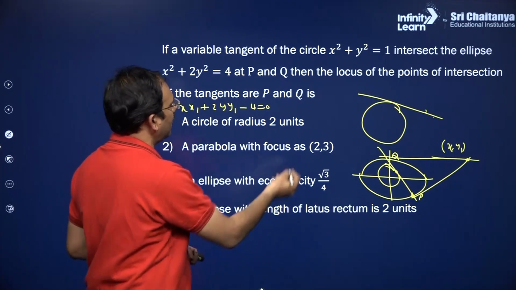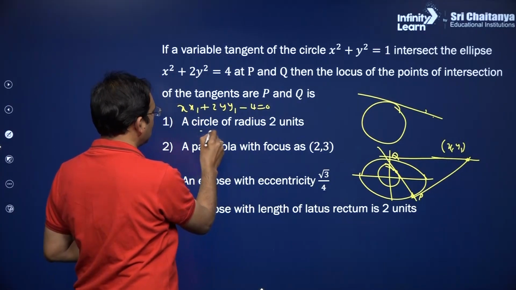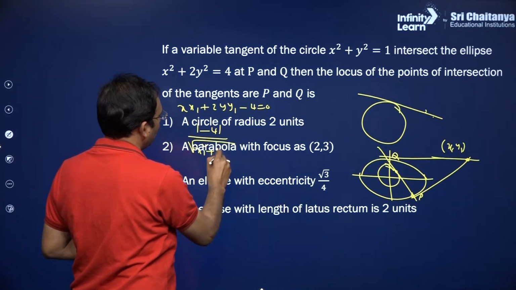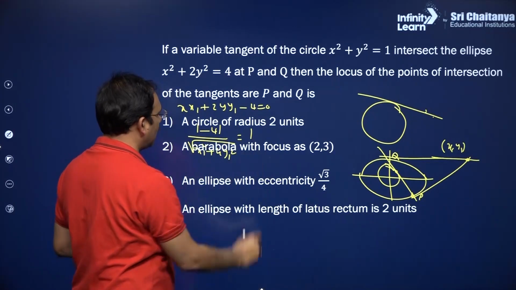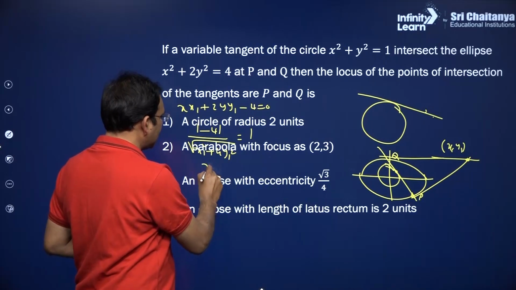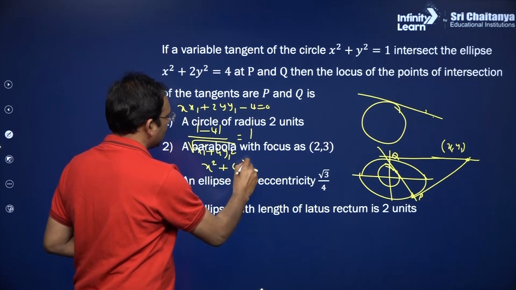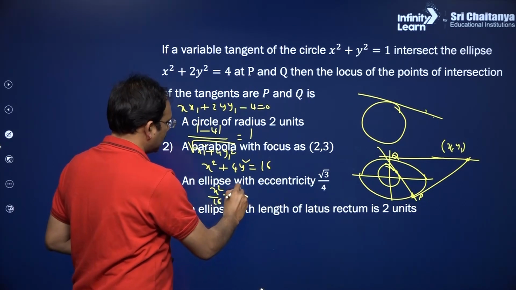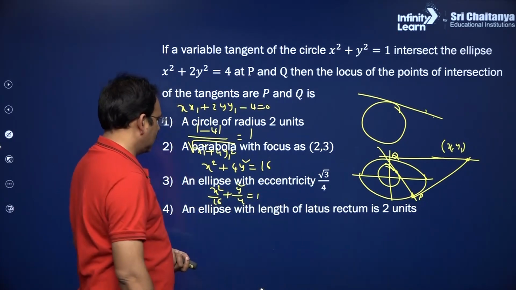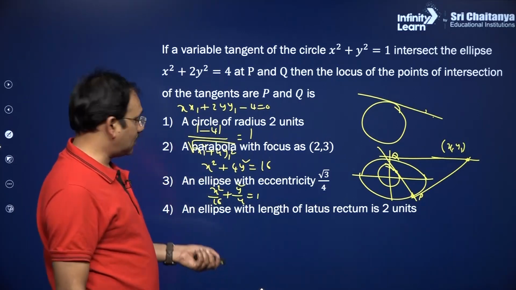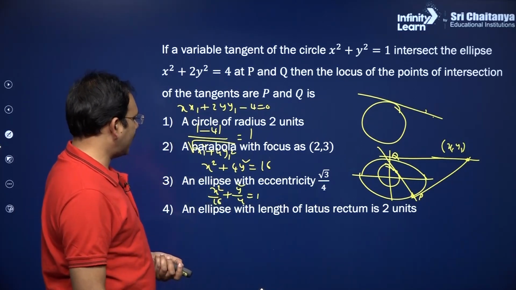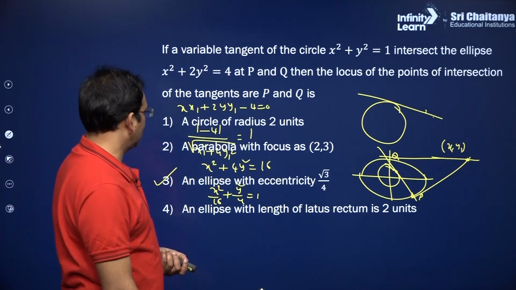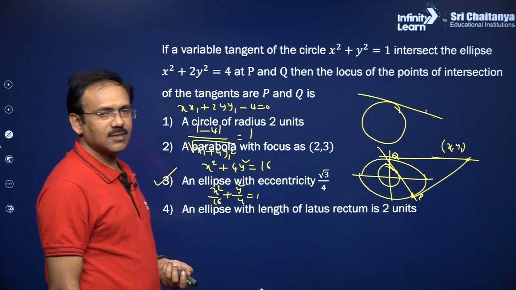You just apply the perpendicular distance from center (0, 0): |-4|/√(x1² + 4y1²) is equal to radius 1. You will get an ellipse equation, my dear friends: x² + 4y² = 16. That is x²/16 + y²/4 = 1. So it is an ellipse with eccentricity √12/4, that is √3/2. So it is an ellipse, my dear friends, okay.